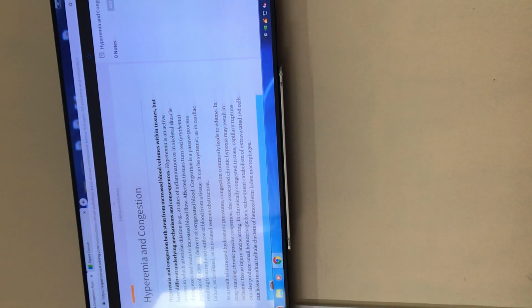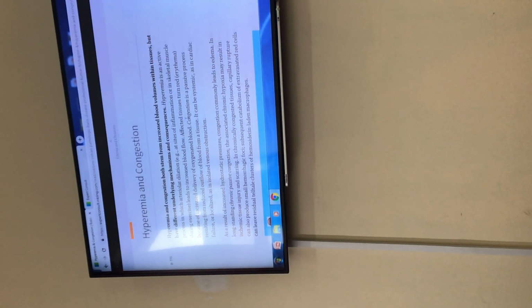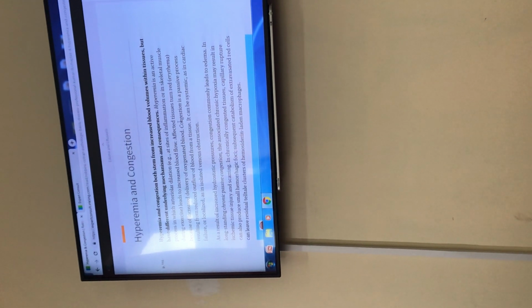But as I said, we use the term hyperemia when there is increased flow of blood in tissues, such as increased physical activity increasing blood flow, or inflammation. But congestion is due to decreased outflow, so blood accumulates in the tissue, and it's pathologic.